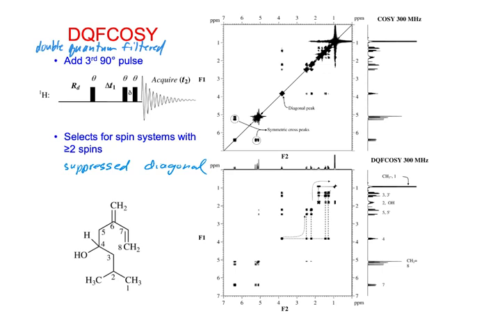And it's also commonly used as this phase-sensitive experiment. So in that case, if you want, you can get the J value information.